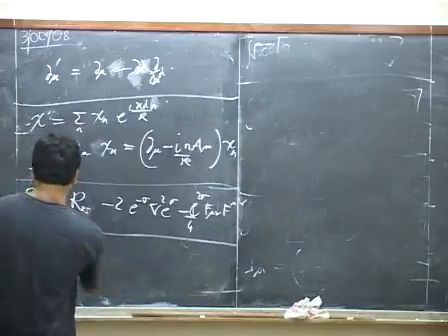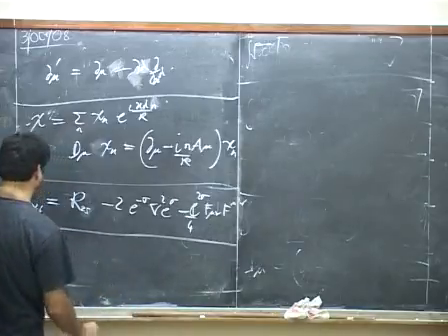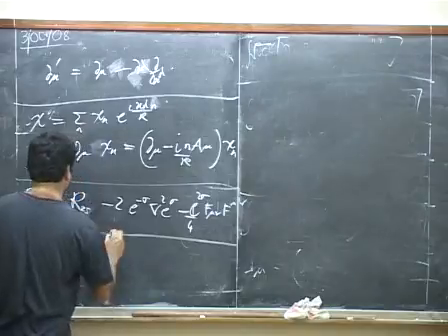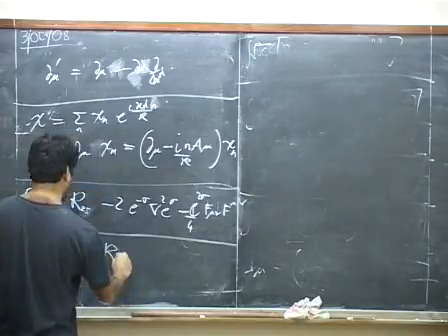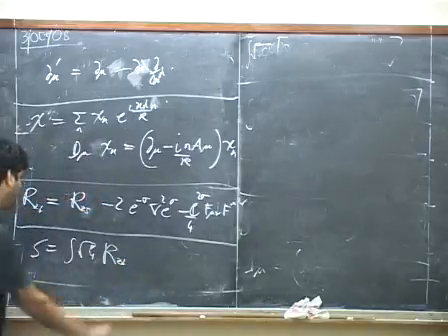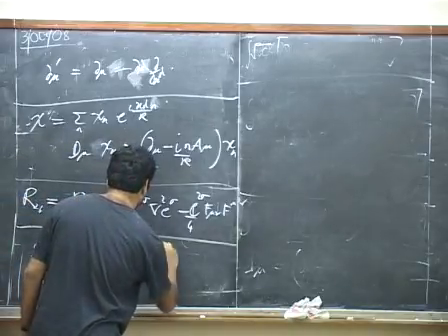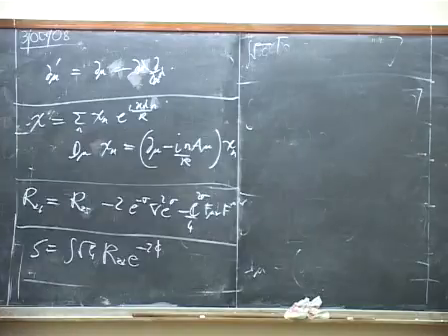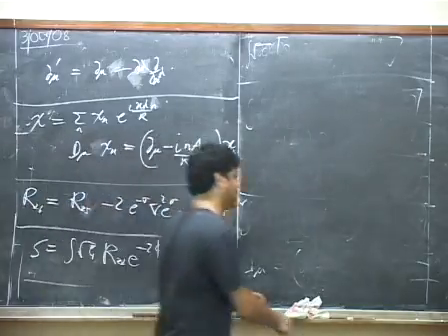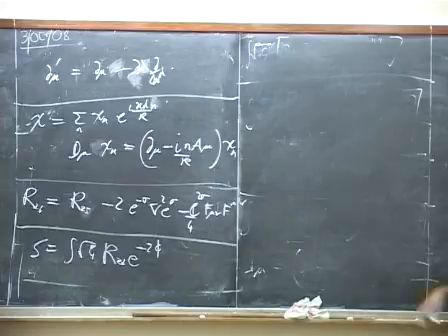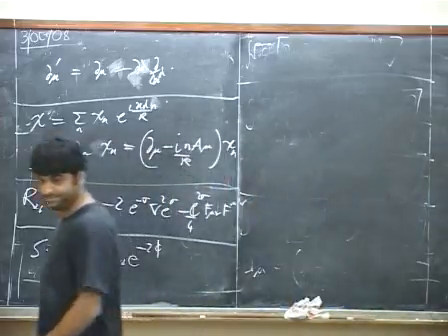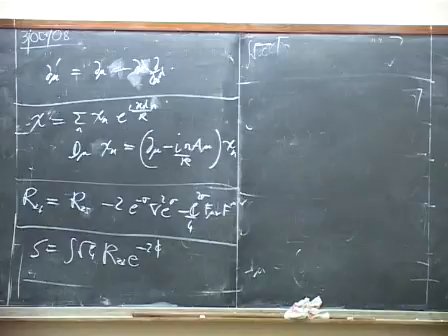Let's start with the action, which was the integral of square root g, now this is the big G remember, times R26 times e to the power minus 2 phi. Plug in this expression. Firstly, what does square root g become?